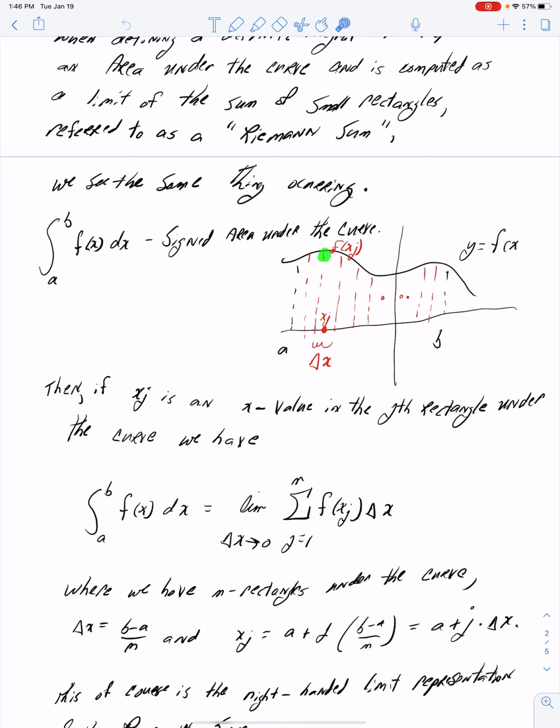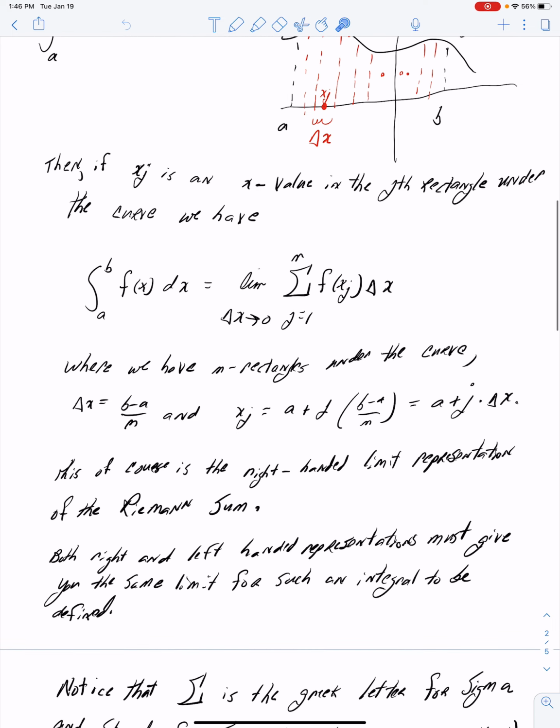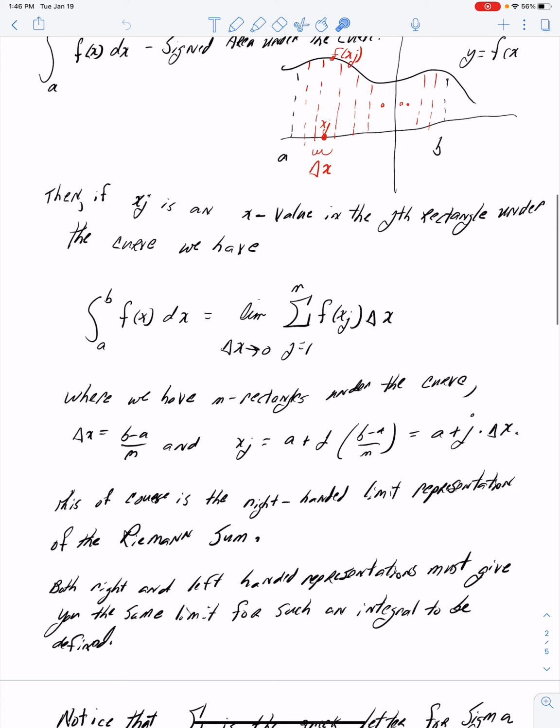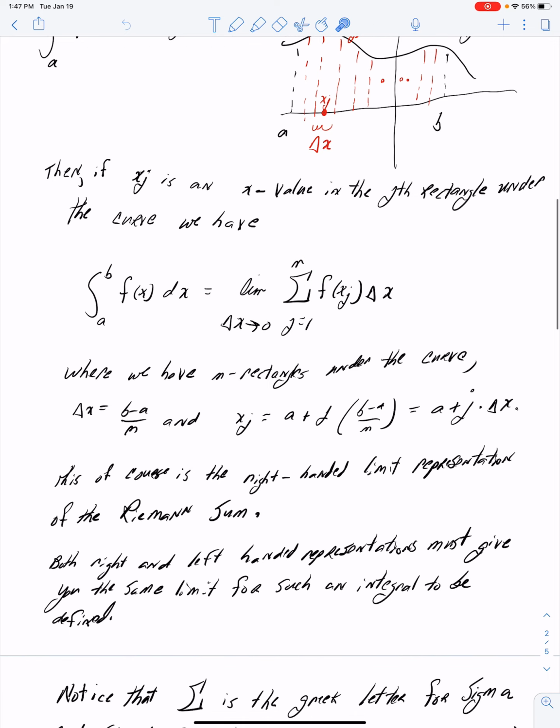Sometimes you do the left-sided limit, sometimes you do the right-sided limit, sometimes you take the max length or the minimum length in an interval. But the point is that when you let delta x tend to 0 and n then goes to infinity, all of those converge to this signed area.